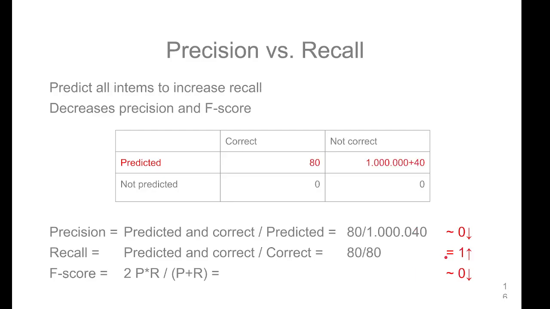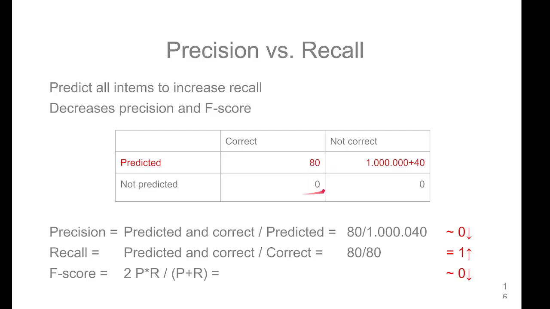Now let's do the opposite and try to increase the recall. And now we're predicting everything that is in the database. So the database has overall 1,120 items. And as we're predicting everything, it turns out the vast majority of our predictions is poor. So 1,040 wrong predictions, but 80 correct ones.